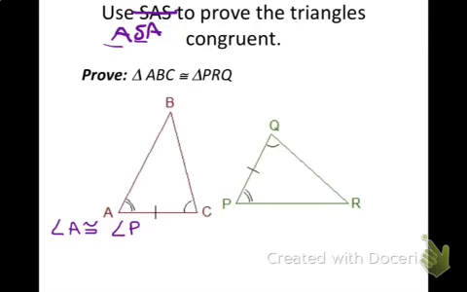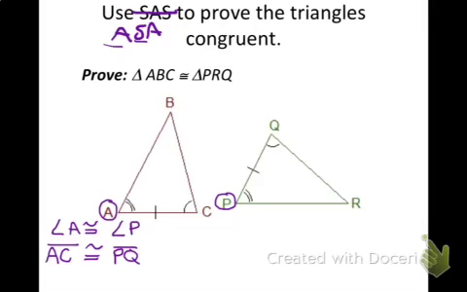Now we need to go to the side. The side that joins the next one, we're going to call that line AC. We know that that is congruent to line PQ. Notice that I'm going in the correct order. Since A is congruent to P, and I put A first, I'll put P first, so PQ. We know that those are congruent because of this tick mark here. It's the same amount of ticks.